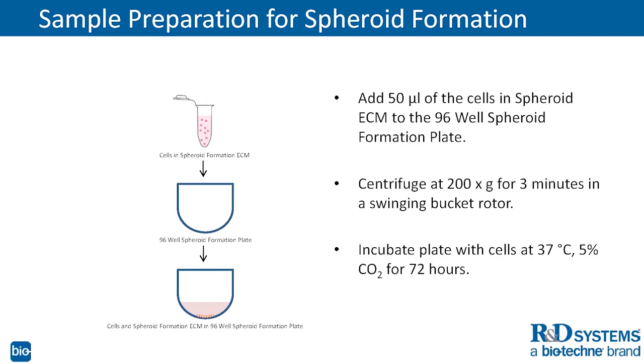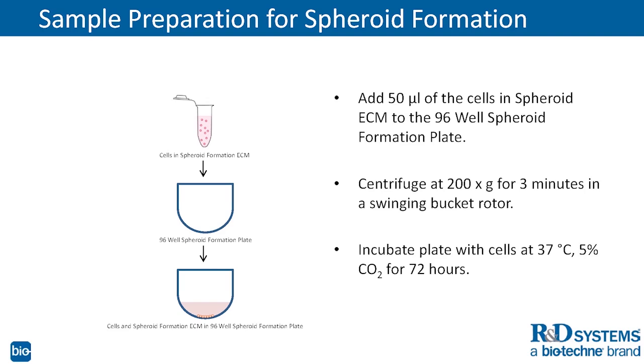And so we take our cells in the spheroid ECM. We add 50 microliters to the 96-well spheroid formation plate, centrifuge at 200 times G for 3 minutes in a swinging bucket rotor. And what this does is it pulls all the cells to the bottom of the well and puts them all in close proximity, and this helps to facilitate the spheroid formation process, and it also helps to accelerate it too, so it helps both with the time and quality of the spheroids.